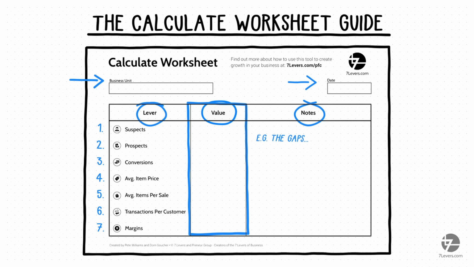Some of these are numbers, some of them are money, some of them are ratios, some of them are percentages, and fill that value out. And if you do spot any issues as you work through, then fill out the notes section with those issues, and you can refer back to that then when you get to the correction step.